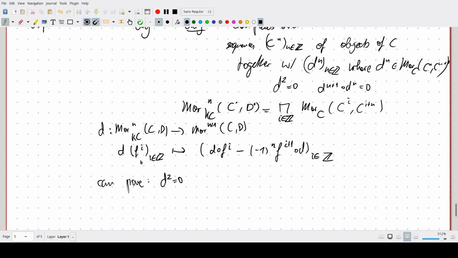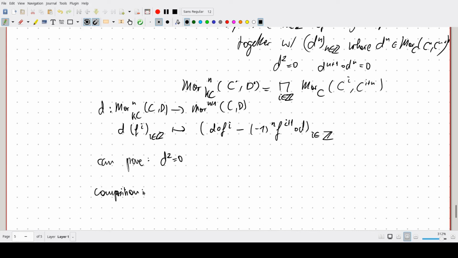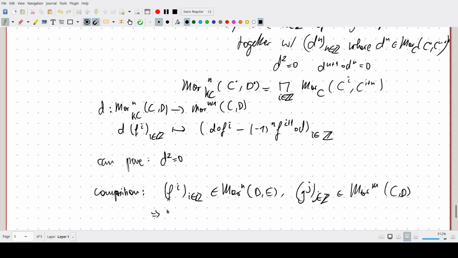We also have a composition, and that composition is just given by, well, if you compose fi, i in the integers, which is an n-morphism between D and E, and gj, which is an m-morphism between C and D, then fi after gj is going to be fi plus m after gi, indexed with i in the integers, because gi is a map from Ci to Di plus m, and now we need to apply the corresponding map in this tuple.